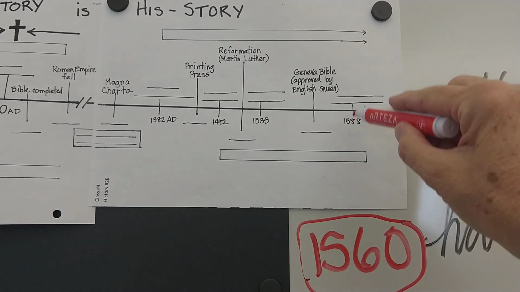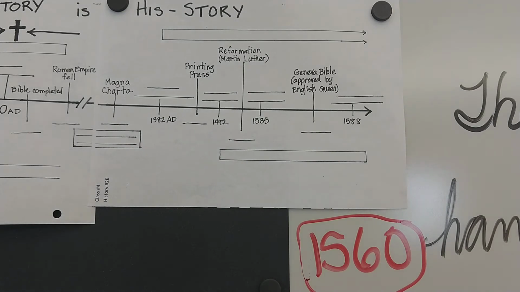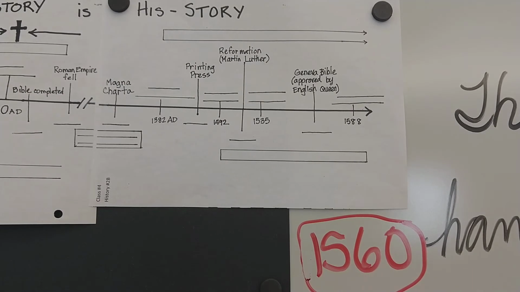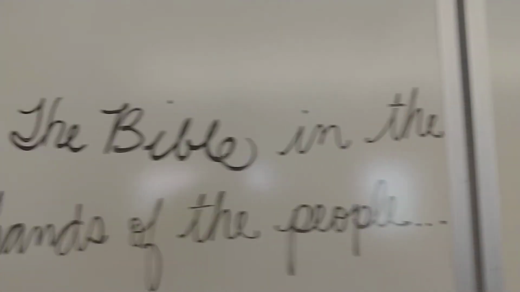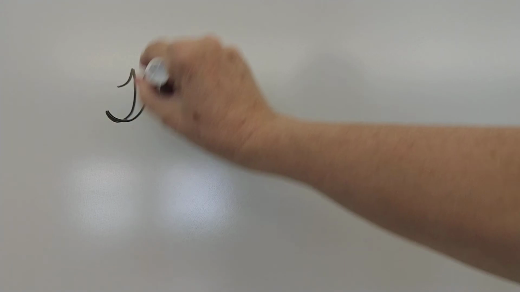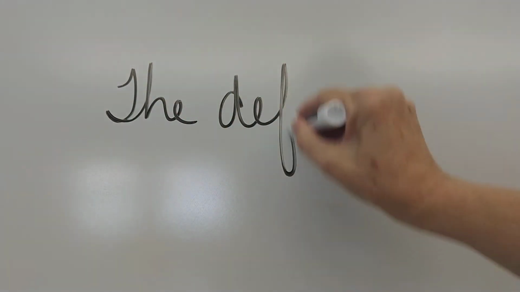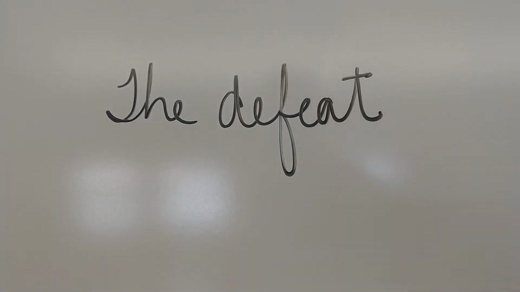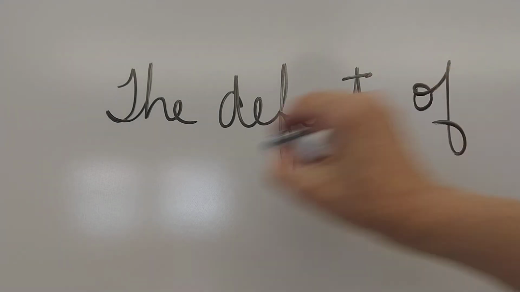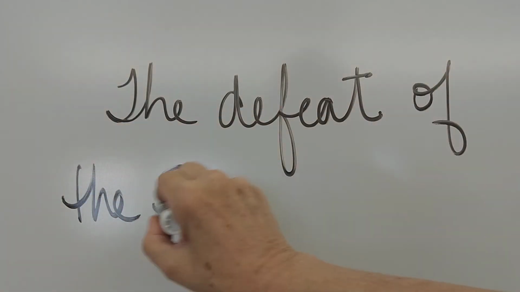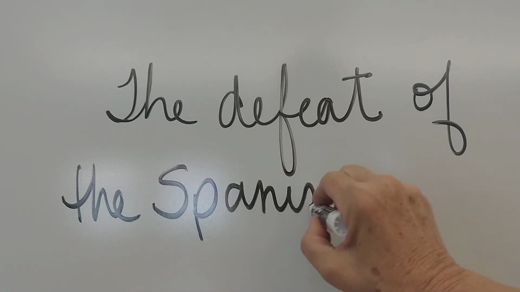And then here at 1588 is where we are now. We're going to be beginning with chapter 19 in our history book. This is the defeat of the Spanish Armada. So on that last line about 1588, you're going to write the defeat of the Spanish Armada.